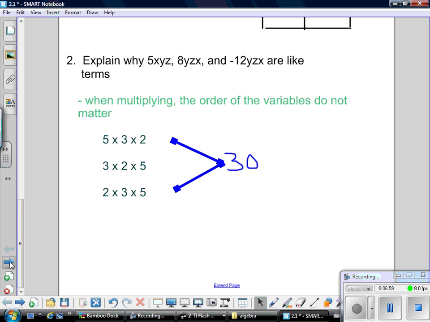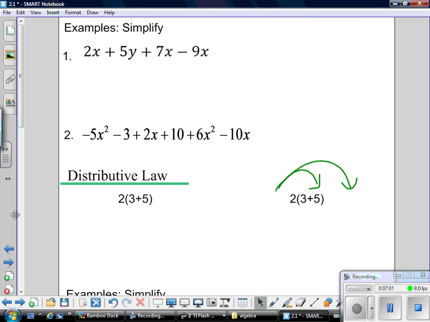All right, so now let's talk about what we still call like terms, but what we're going to do is simplify. Simplify means a few different things. Number one, it's not going to say x equals a number. Notice there is no equal sign in my beginning question. So all I'm doing when I'm simplifying is putting like terms together.